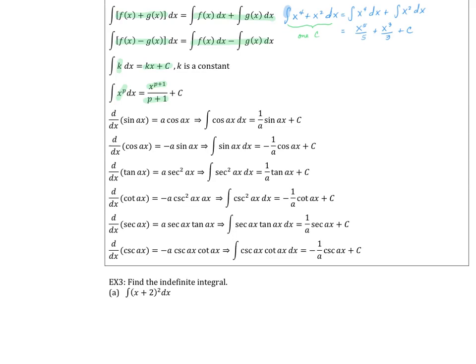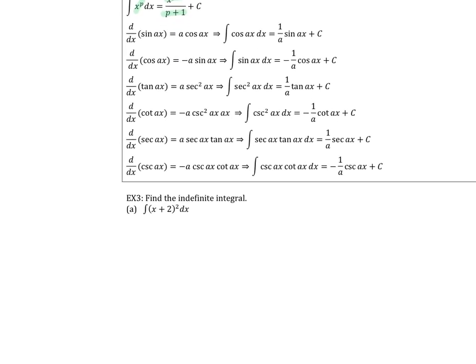So let's look at the rules for the trig functions. Going back to derivatives, if I were to take the derivative of sine of a times x, so ax is my argument on the function sine, then the derivative involves the chain rule. I would take the derivative of sine, which is cosine, argument stays the same, it's ax, times the derivative of the inside.